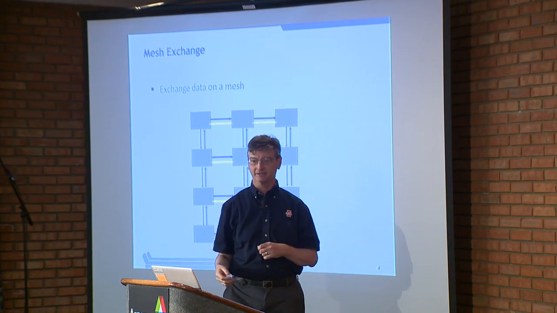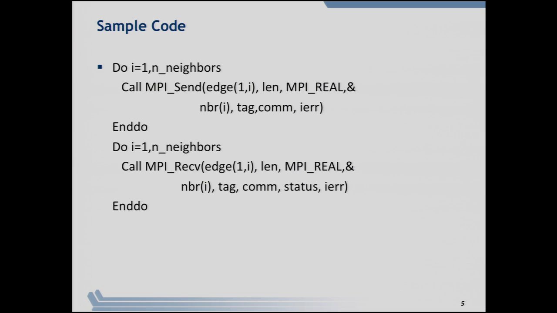So I need to send that. The easiest way to do that is, well, I'm going to send the edges to the neighboring processes and then receive. So what's wrong with this code?